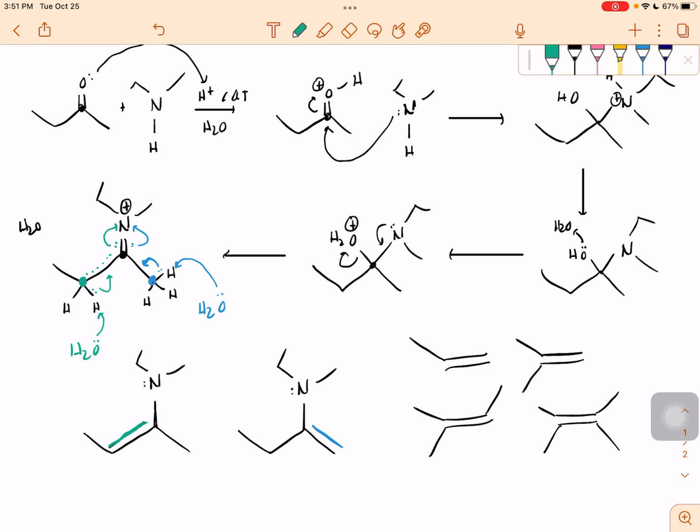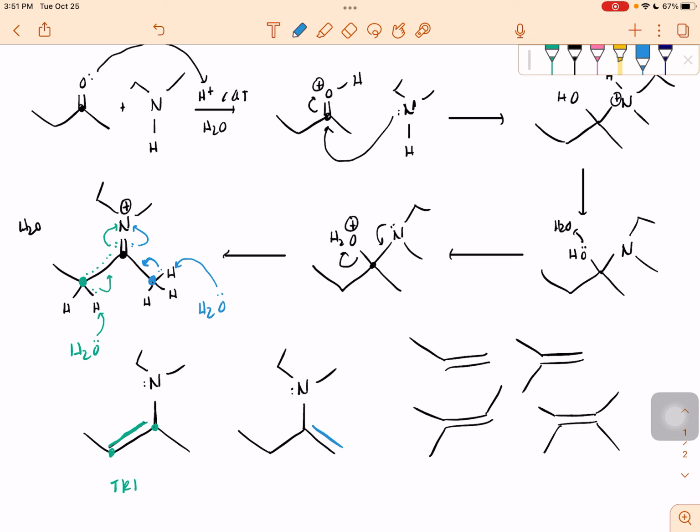So if I'm looking at my green carbon formation molecule, this carbon has 1 carbon substituent, and this carbon has 2 substituents that are not hydrogens. I'm not going to say carbon because there's a nitrogen there, obviously. So that means that this double bond is tri-substituted.